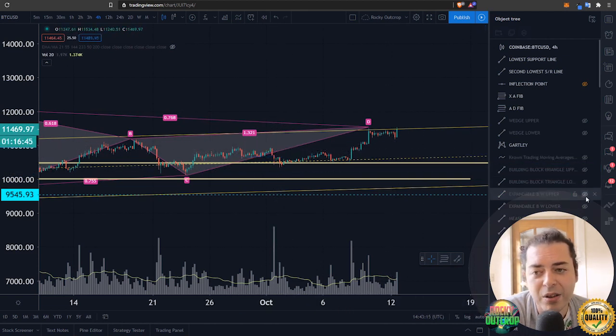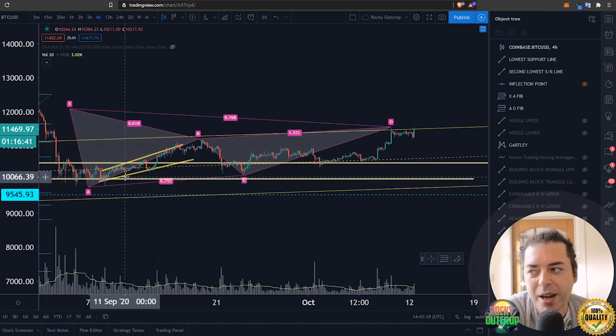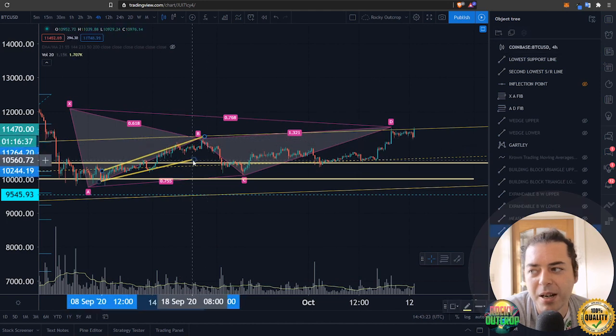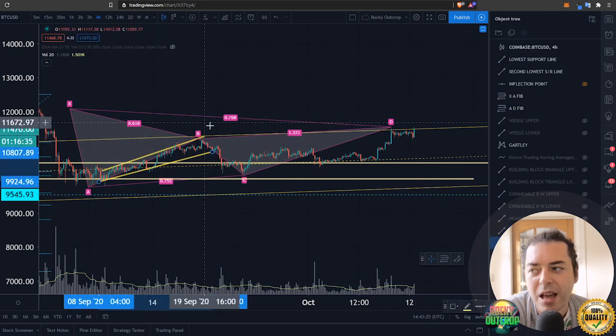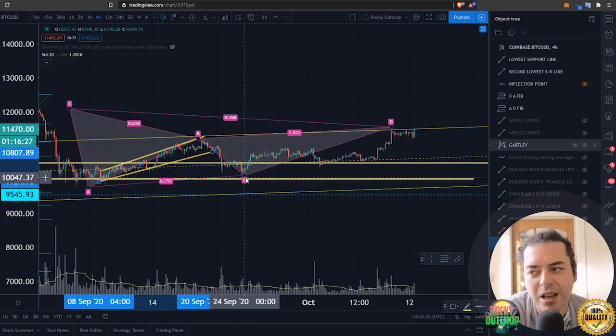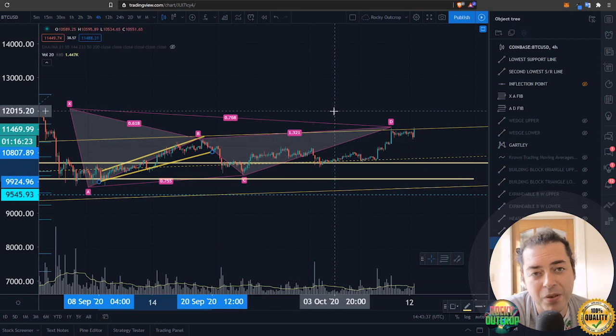Hiding that area and looking at another building block that we had along the way, we had a wedge over here, which then of course could have been and should have been extended up perhaps to these areas, which had a measured move off the back of that, which was completed around about this zone here where we came in and put in our bullishly divergent lows along the way here before putting in the C point and moving towards the top side.